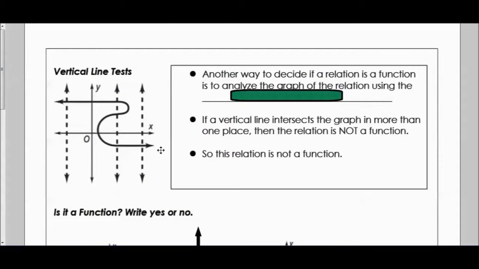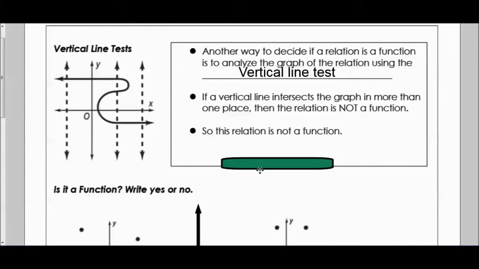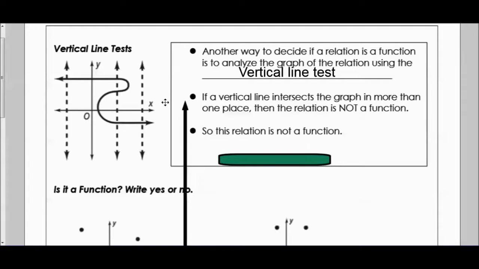I think the easiest way to still tell if something's a function is using the vertical line test. Even though this involves graphing, which takes a little bit of time, the vertical line test is the easiest because it's just very visual. You really just graph the points and imagine a vertical line passing over the whole graph. If the line hits 2 points at any time, so I'm imagining this line just pass across, here it's hitting 1, 2, 3 points, that means it's failing the vertical line test, and this is not a function.